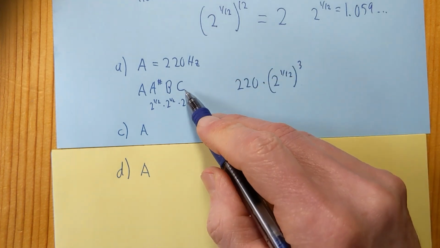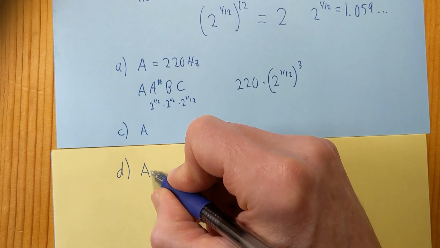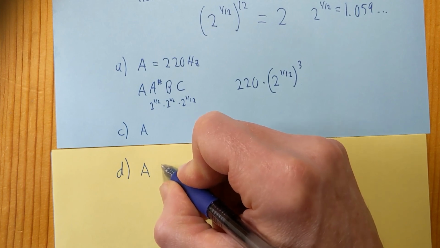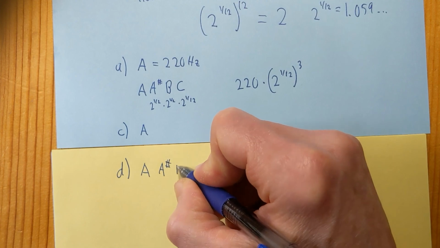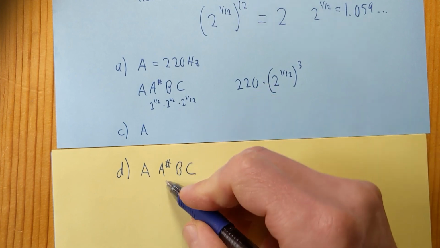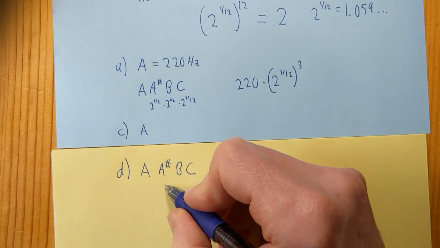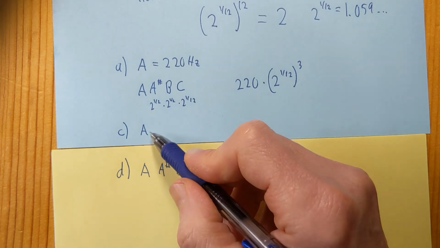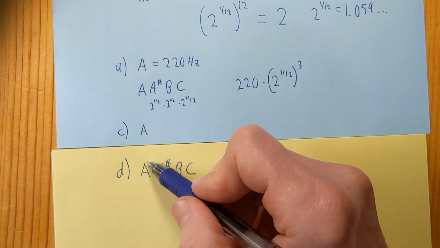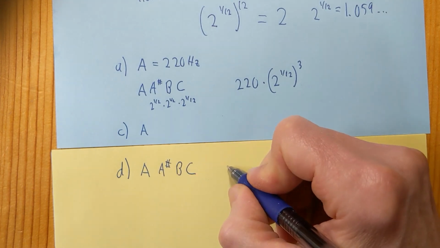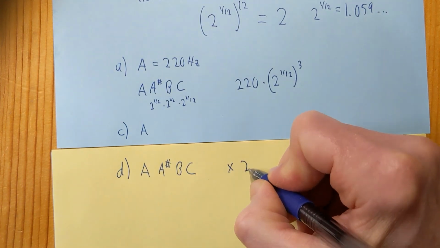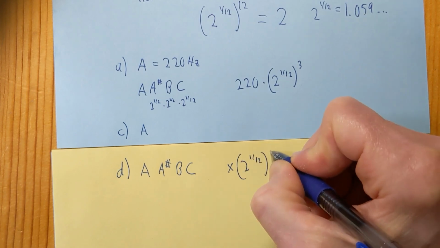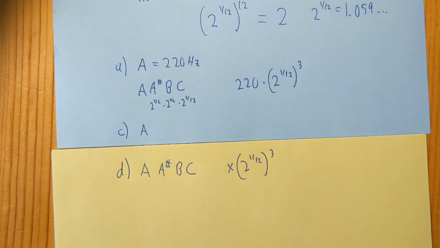So it's just like you did in part A. You take that A, it doesn't go quite that low, so you go to the A sharp, go to the B, go to the C. So you multiply it by 2 to the 1/12 3 times. So again, you take the A you got in part C, and then you go 3 times up. Take that A, multiply by 2 to the 1/12 3 times, and that should be the lowest C on that piano. Okay, that's how pianos work, and that's again a use for all these exponent rules, and it's pretty cool.